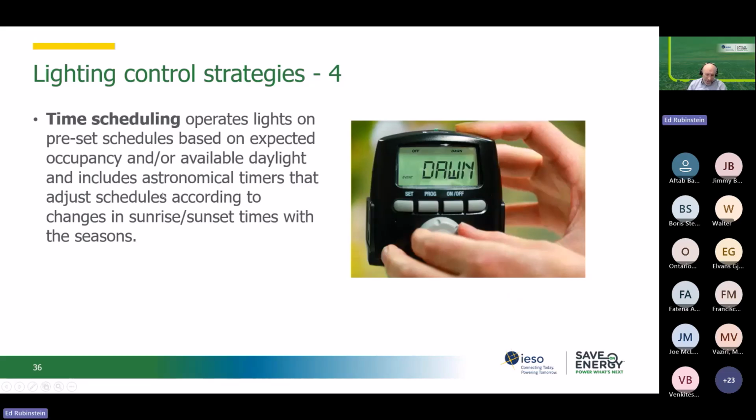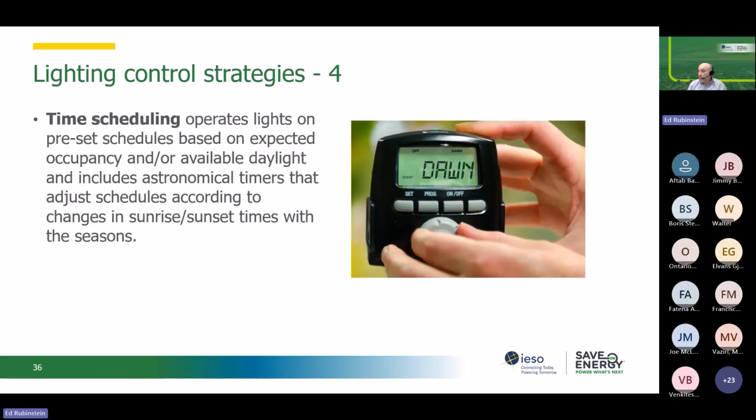Time scheduling, this was very common for a while. I think with sensor technology, the prices have come down, and installation has become much easier, especially with wireless these days. But it was not unusual to have lights on timers, right? Some of these timers, especially for outdoor lights, were astronomical timers so that, as the length of daylight changes as the seasons change, it would adjust for that as well, right?